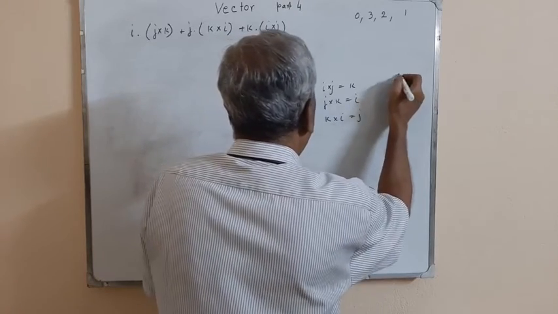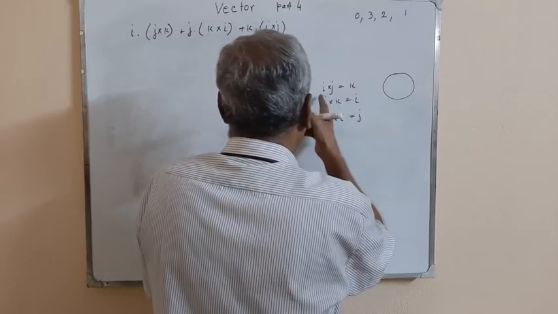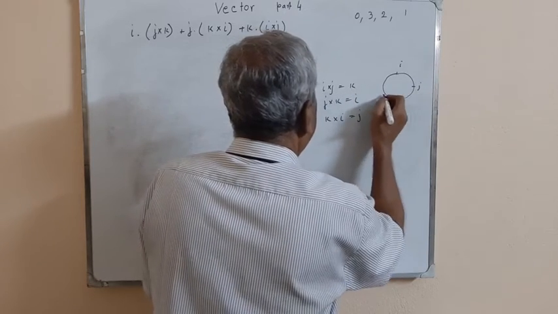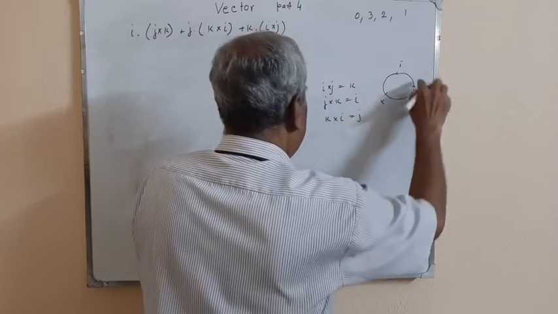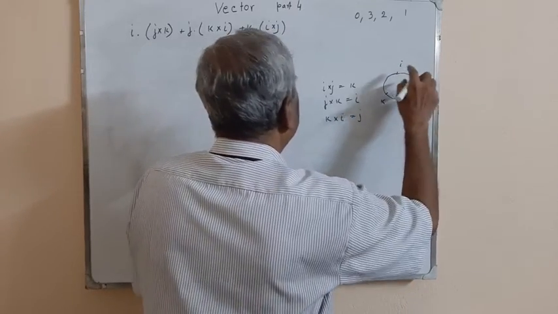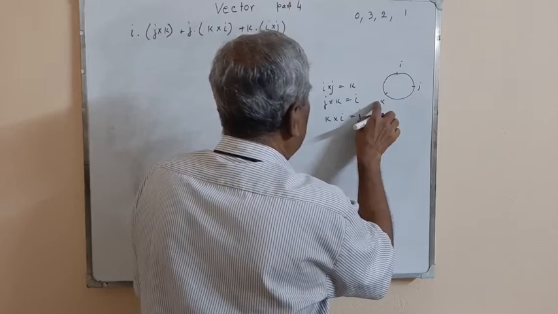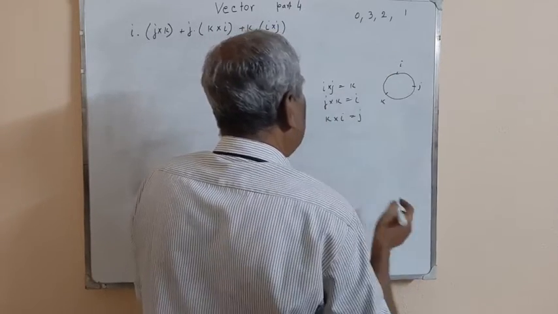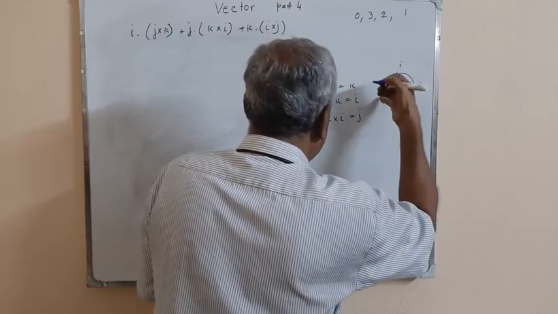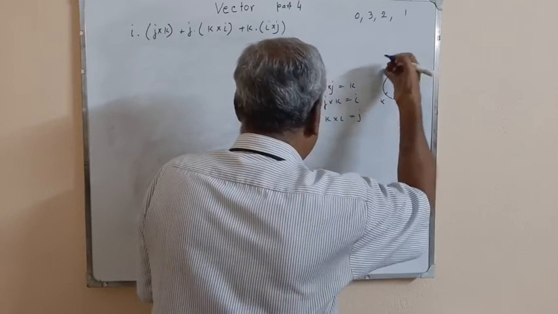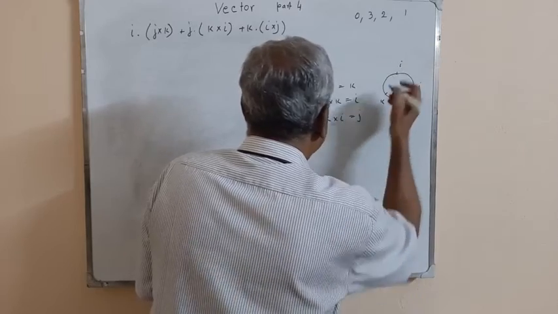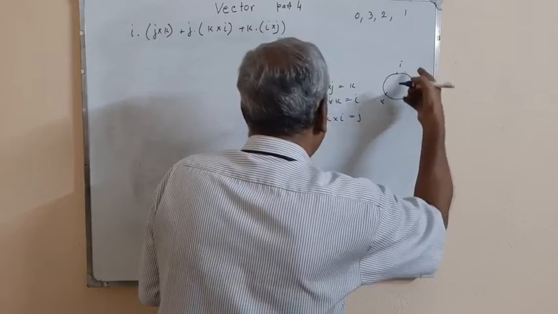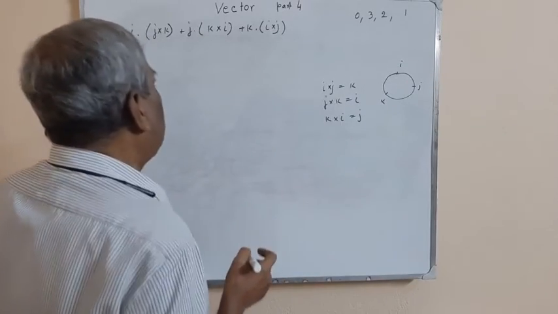That is when these components i, j, k are in that order: i cross j is k, j cross k is i, and so on. But i cross k goes in the anti-clockwise direction, so i cross k is equal to minus j, k cross j is equal to minus i, and so on.